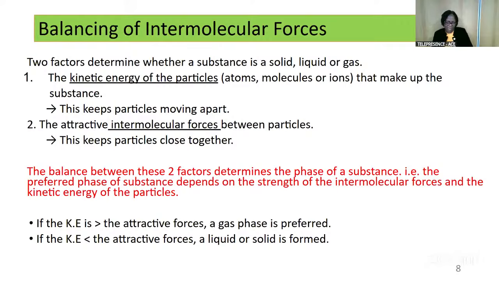If the kinetic energy is lesser than the attractive forces in terms of impact, then you can have a liquid or a solid. So kinetic energy being greater than attractive force will lead to a gas phase.